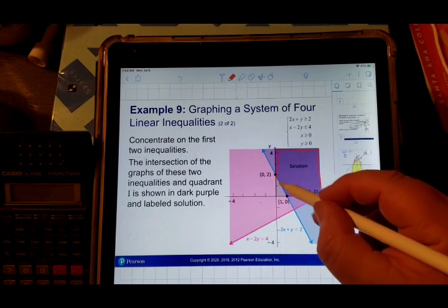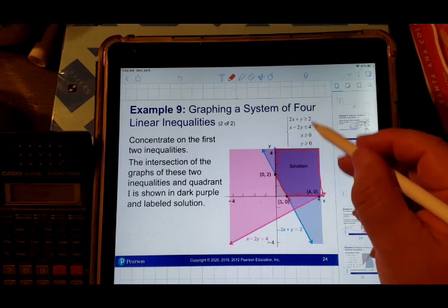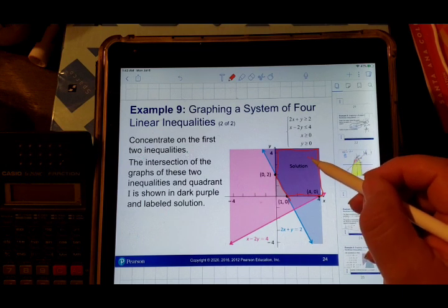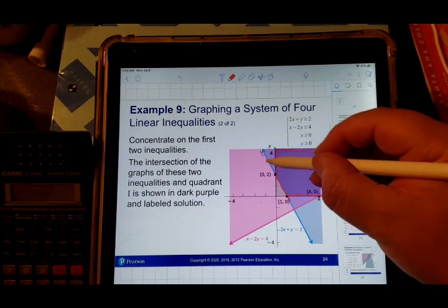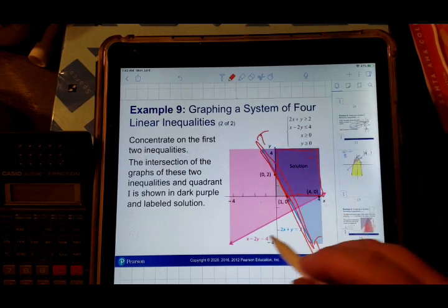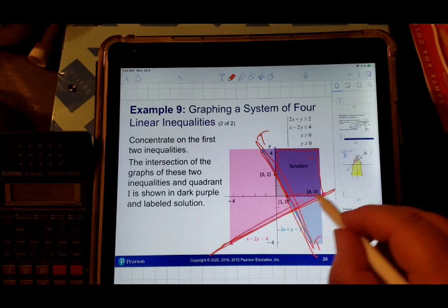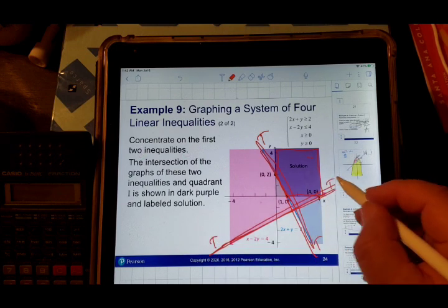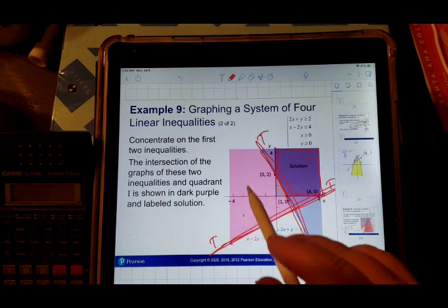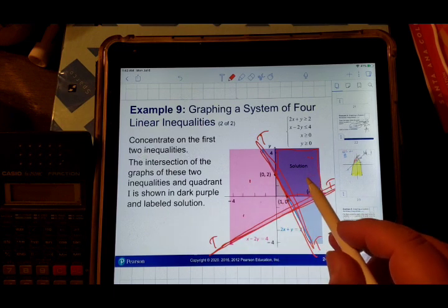You do have to draw all 4 of these lines, and you have to click in the right area. But what I'm saying is, if you have this line drawn, and this is the true side, and you have this line drawn, and this is the true side, through whatever process we're doing, you don't want to shade in any quadrant other than quadrant 1.